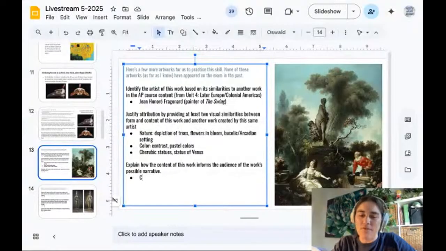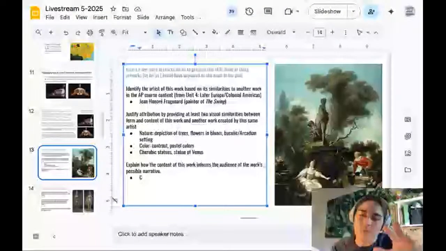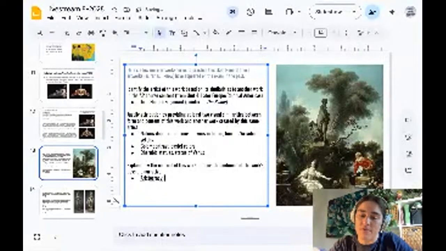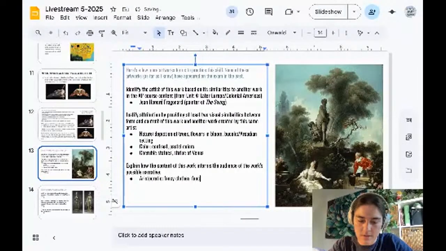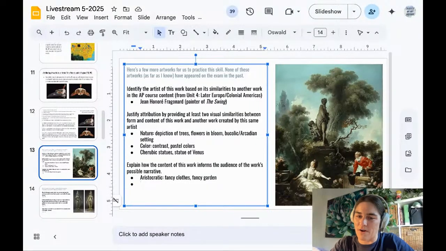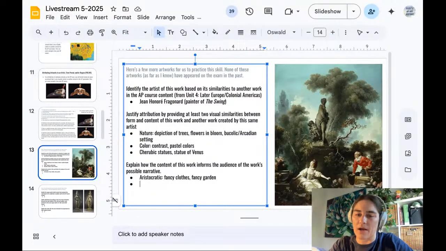Yeah, so we could probably make a pretty good assumption it's going to have to do with aristocracy, right? We have these figures that are aristocratic. They have these fancy clothes. They're in a fancy garden, right? There's also potentially this narrative that these figures are in love, or that there's some sort of amorous thing going on between them, right?